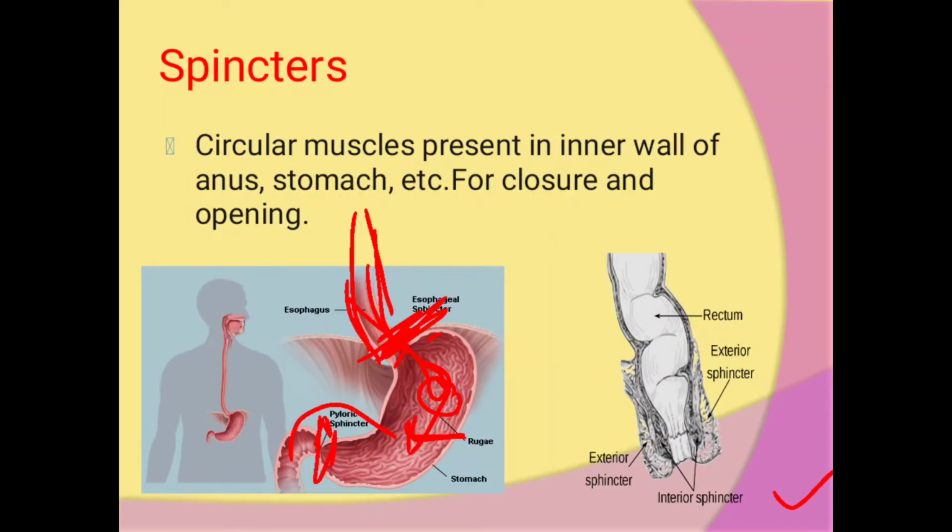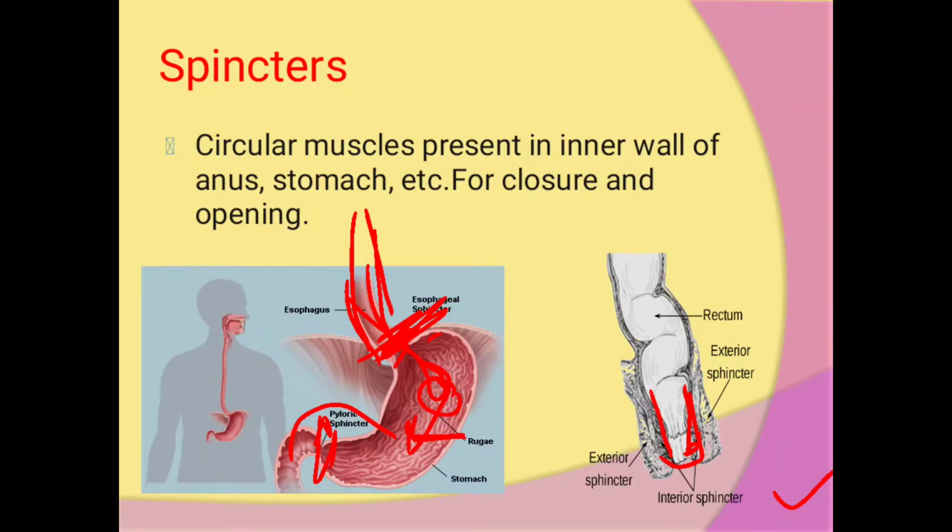Here the same thing, the anus is the last part, the opening, and it is also guarded by sphincters. You can observe the exterior sphincter and interior sphincter, which play an important role in opening as well as closing.